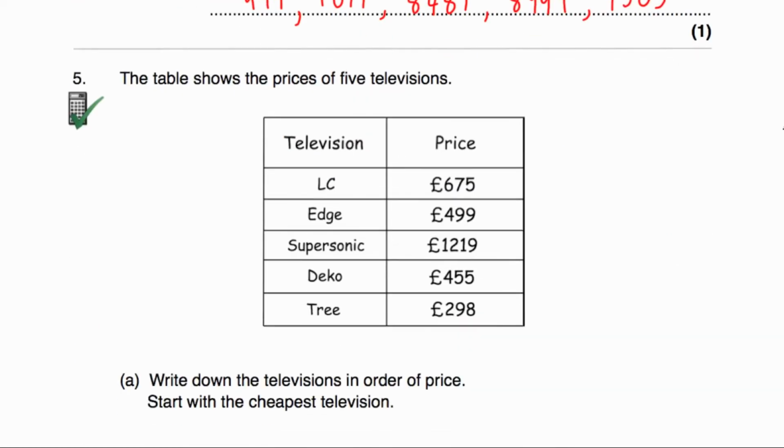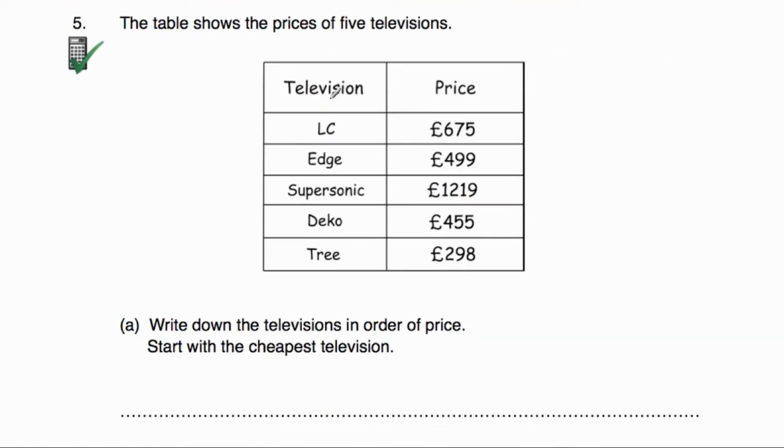Okay, let's have a look at question 5. We've got televisions, LC, Edge, Supersonic, Deco and Tree, and we've got their prices, £675, £499, £1,219, £455 and £298. We've been asked to write down the televisions in order of price, starting with the cheapest television. So let's look for the cheapest. The cheapest will be the Tree television, which is only £298.